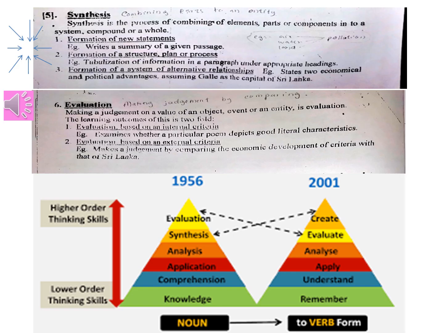Internally, you compare and write. Evaluation based on external criteria makes a judgment by comparing the economic development criteria with that of Sri Lanka. So you are comparing two things, the development criteria and the Sri Lankan economy, and making judgments: evaluation.